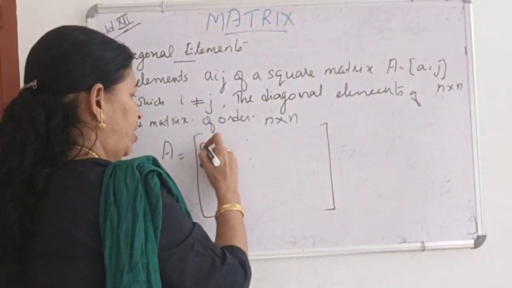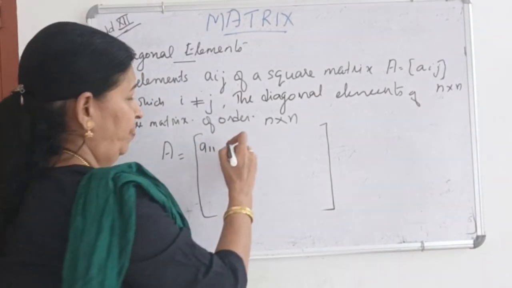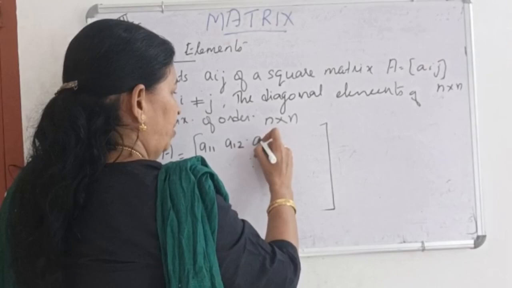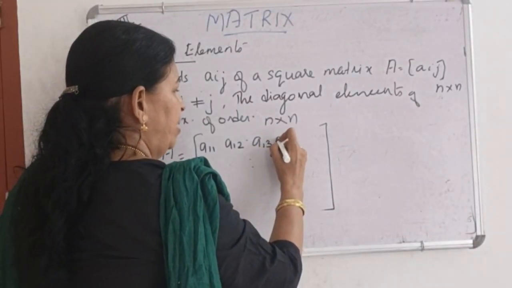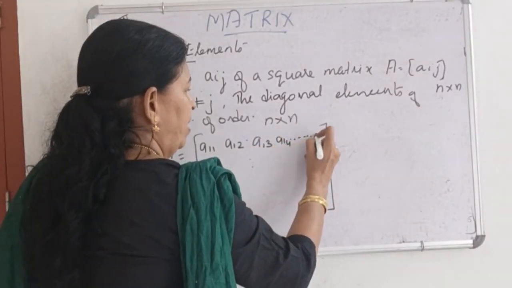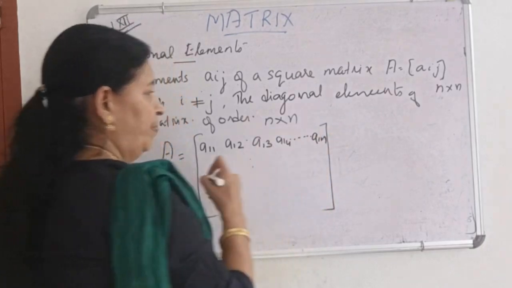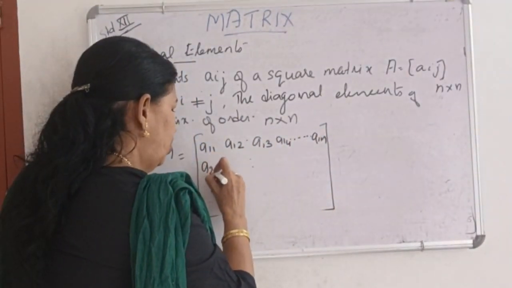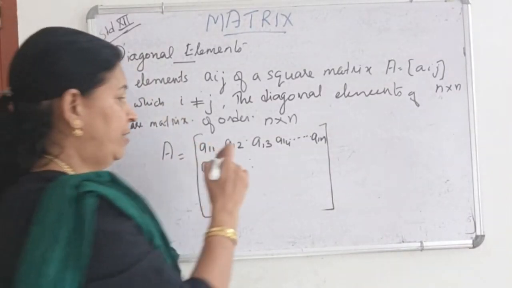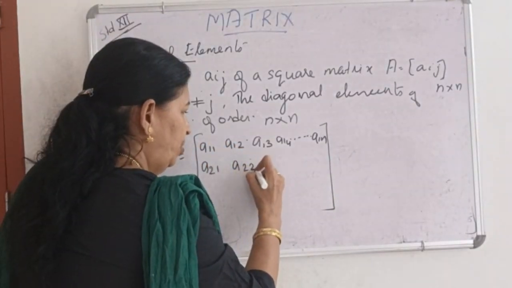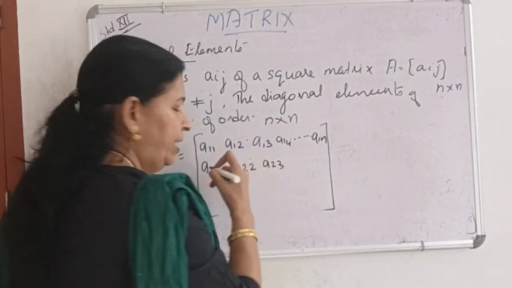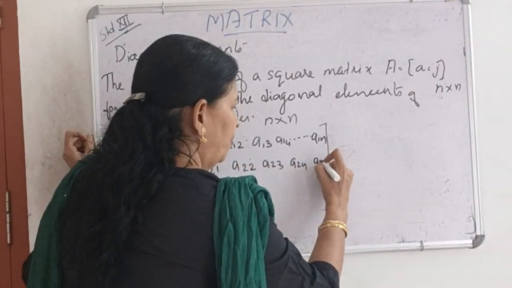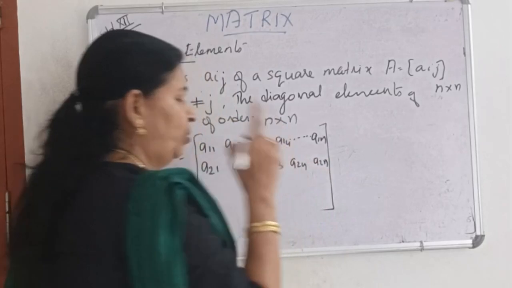First row: A11, A12, A13, A14, etc., A1n. Second row: first element A21, A22, A23, A24, etc., A2n, the last element of the second row.